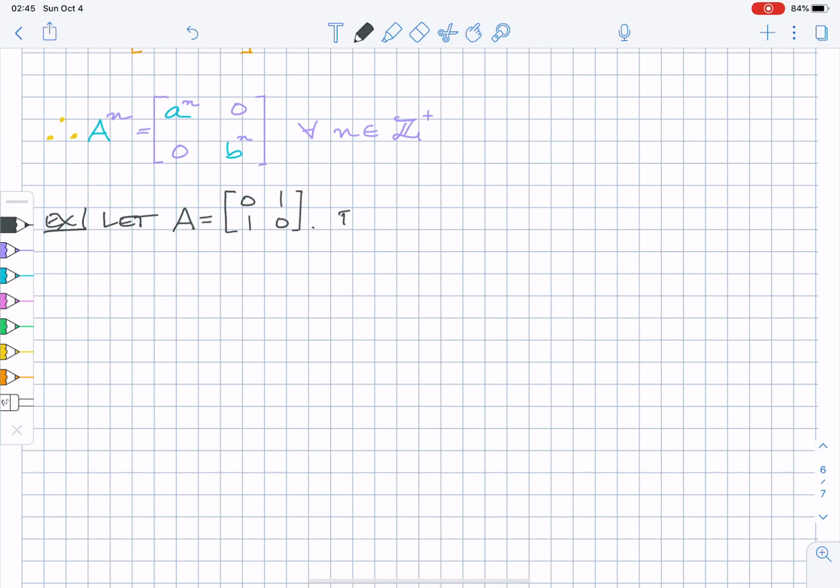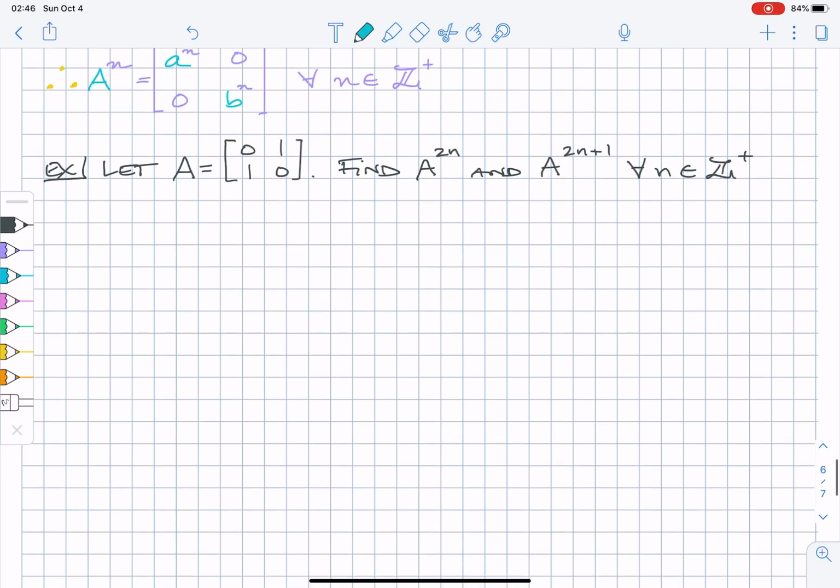Okay, so let's find A to the 2n and A to the 2n plus 1 for all positive integers n. Once again, let's do this the long way. We know that A to the first power is just itself, so let me redraw this a bit nicer: 0, 1, 1, 0.